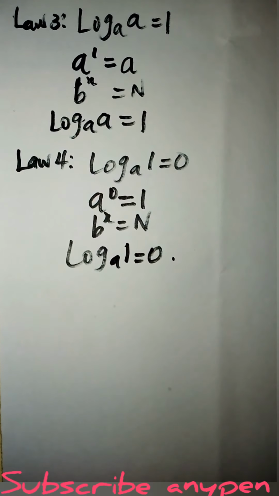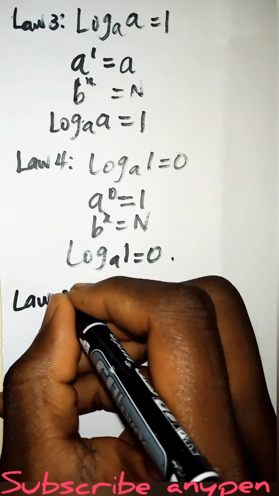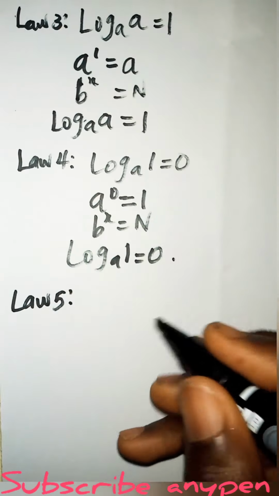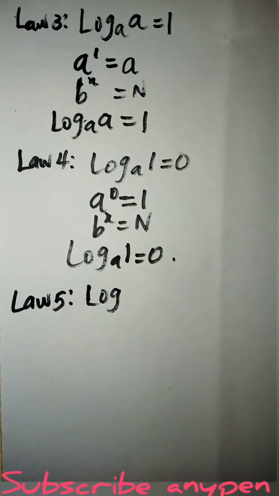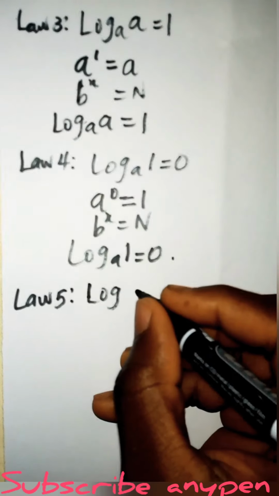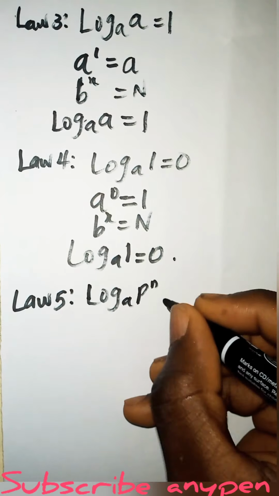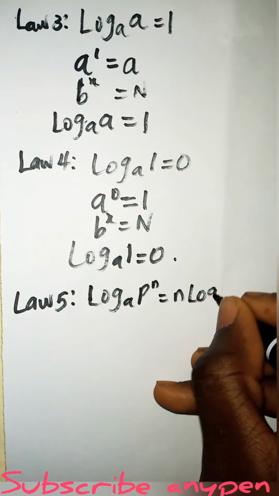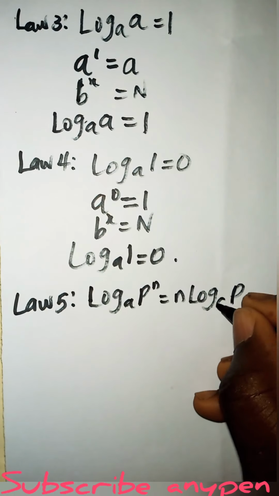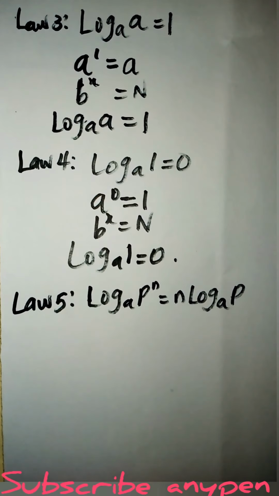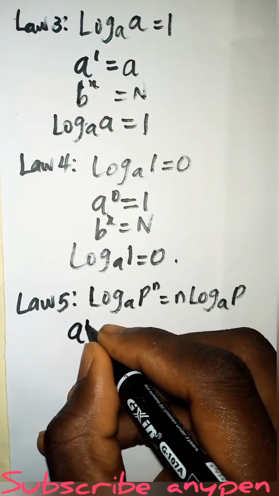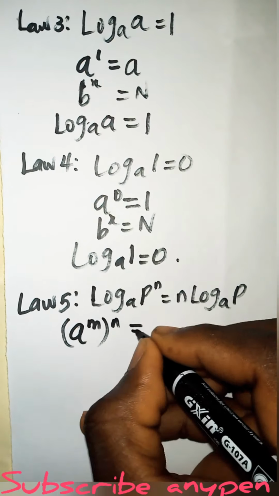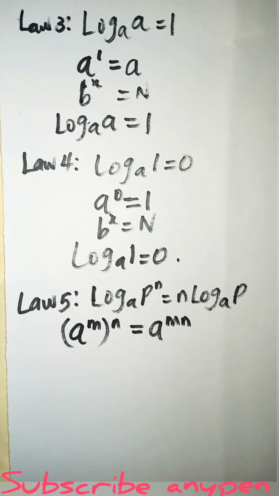So then our law 5 is log p to the power of n base a is n log p base a. To prove this, we just remember from our law of indices that we have a to the power of mn.